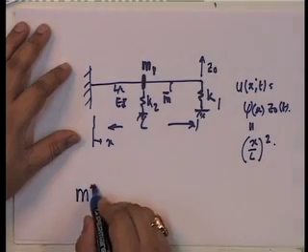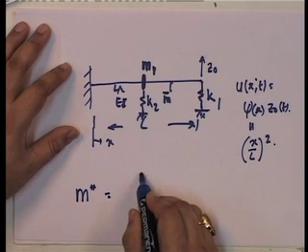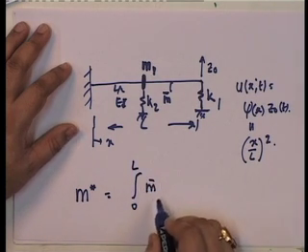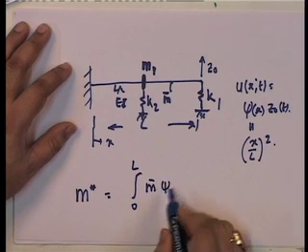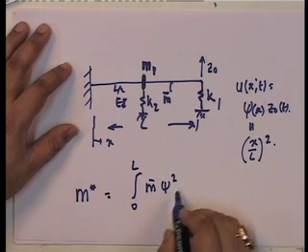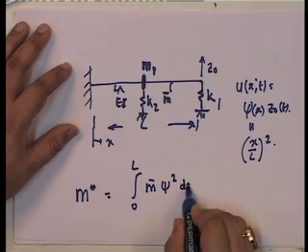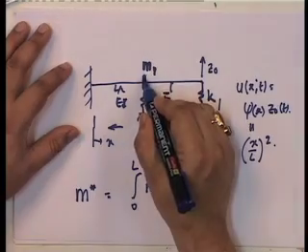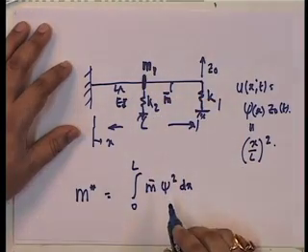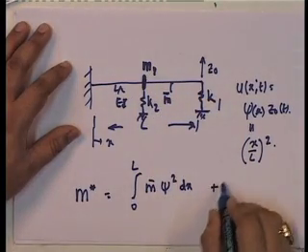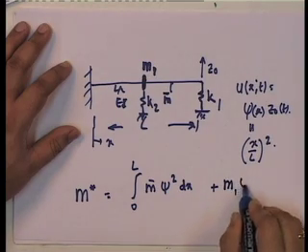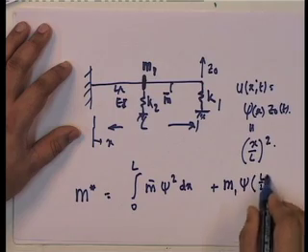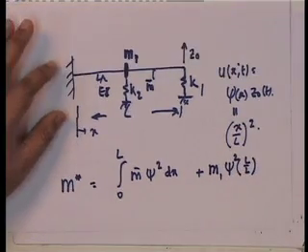There is a distributed part. The distributed part is going to be integral 0 to L of m bar xi squared dx. That is the distributed part. Plus there is one which is given over here, which is M1, which is going to be equal to xi at that particular L over 2 squared.